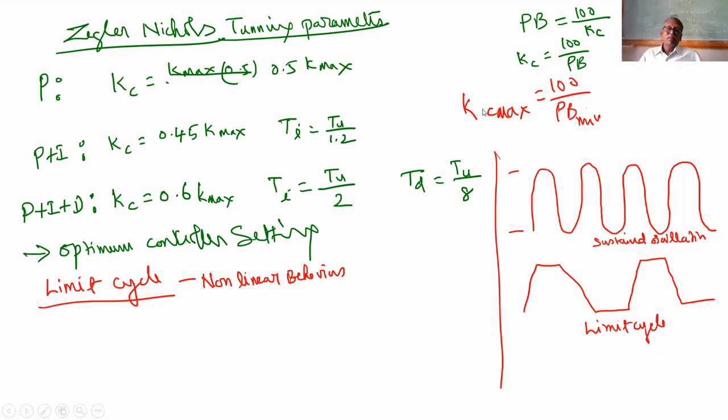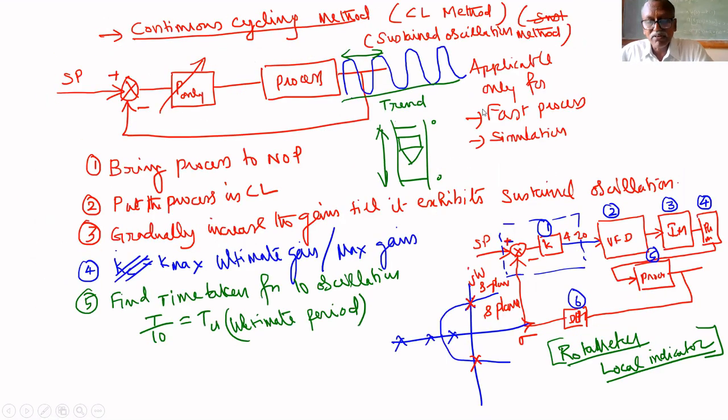That's why you have to ensure that the rotameter bob does not stay at the top or bottom while doing the experiment. Otherwise, you will get a wrong value of Kmax or PB min. So we should ensure that it is not limit cycle behavior. That's all about the tuning of a PID controller using the continuous cycling method.